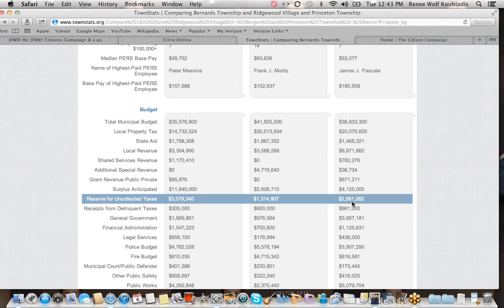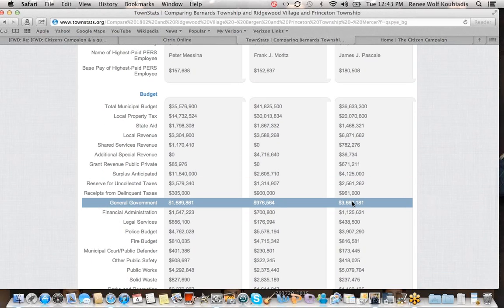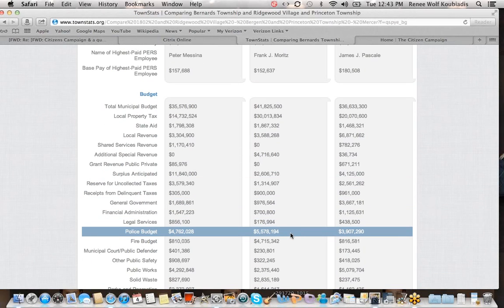You can compare the budgets side by side. The budgets are relatively comparable. What is interesting is where the budgets may differ. The police budgets actually follow fairly comparably per resident, considering that there are 24,000 residents in Ridgewood, 20,000 in Bernards, and 16,000 in Princeton.